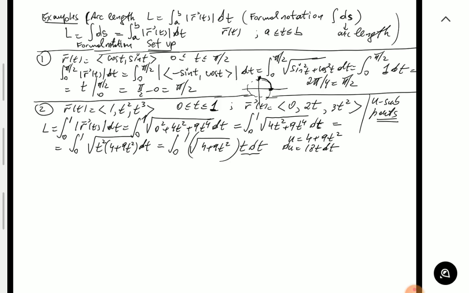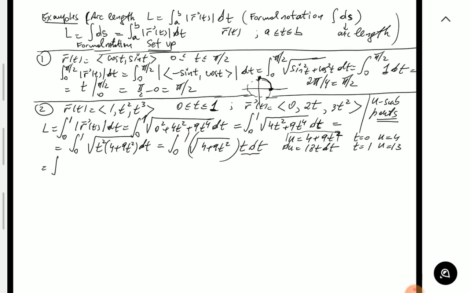All right, let's change the bounds as well. If t equals 0, u is going to be 4. And if t equals 1, u is 13.